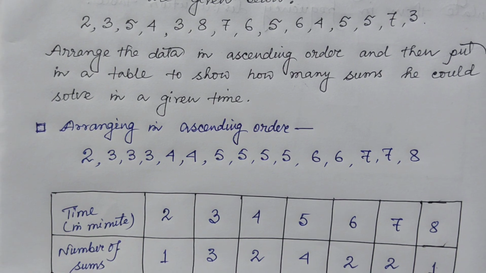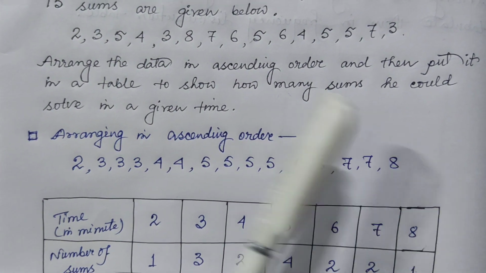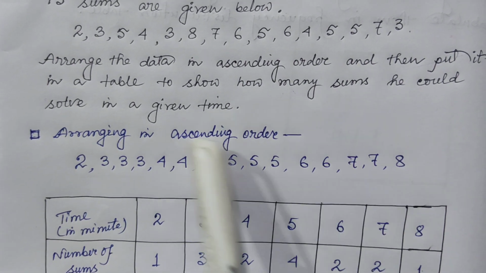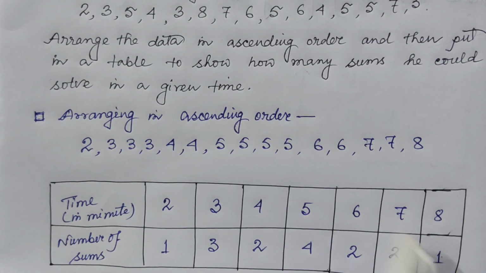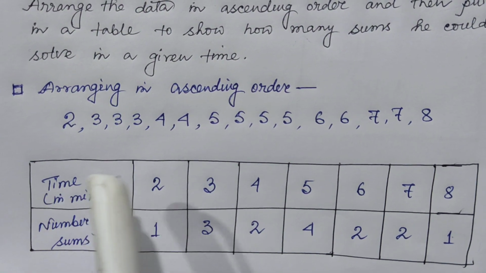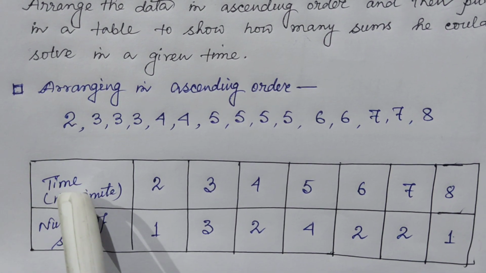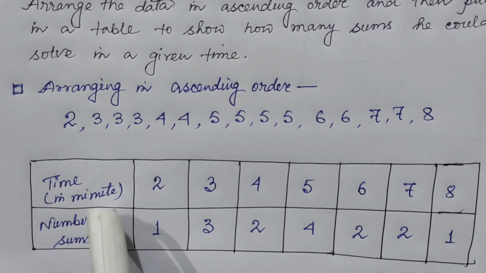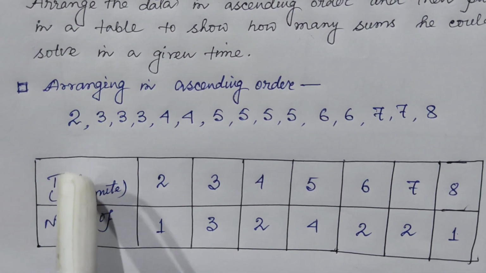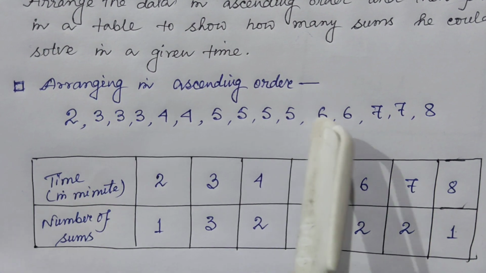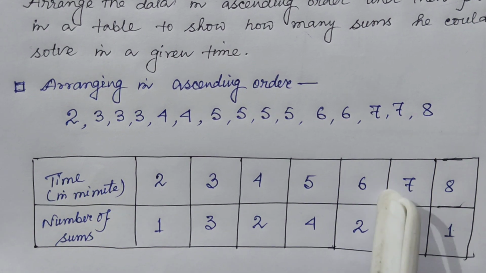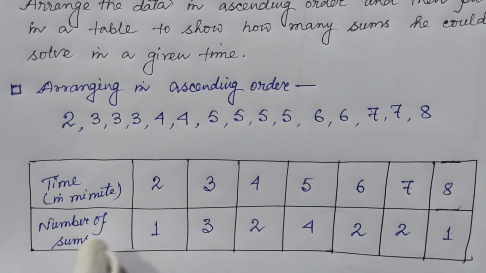Now the second part, put it in a table to show how many sums he could solve in a given time. So you can see we have made a table. In the first row is indicated the time, which is in minutes, and second row, number of sums. Now for time, you have to write the individual times. So here 2, 3, 4, 5, 6, 7, 8. Now number of sums.